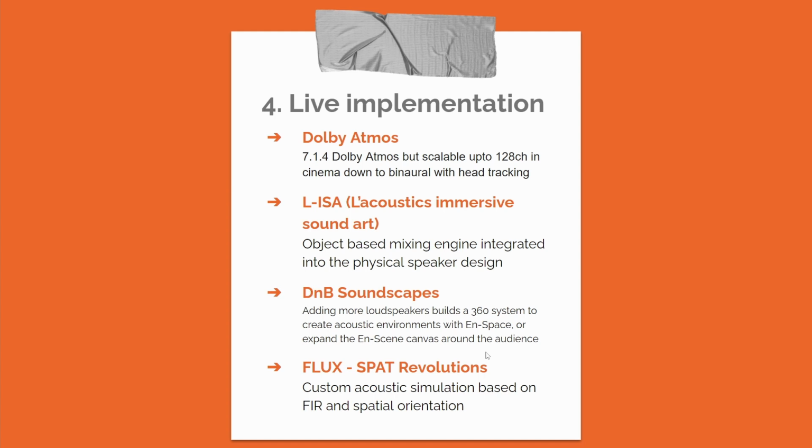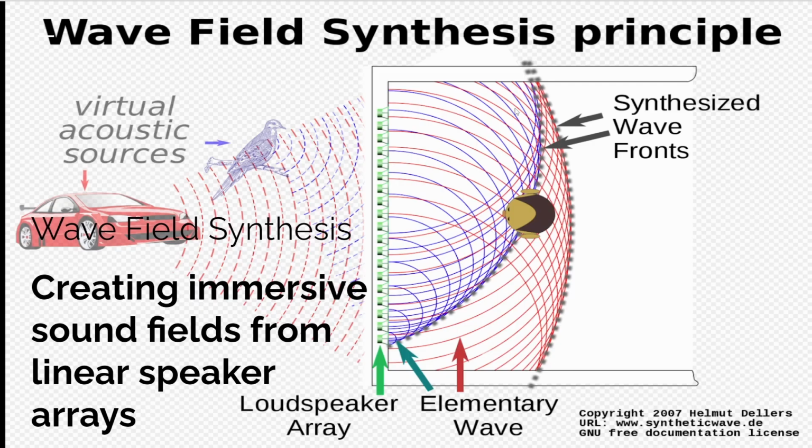The d&b Soundscape, as I mentioned earlier, also has a really cool engine to do that sort of thing. The caveat with these is that you need a lot of speakers with a lot of amp channels. Flux Spat is also super high-end, expensive, but it gives you so many options and gives you spatial orientation with acoustic simulation, and you can put different speaker models in and do all sorts of things.